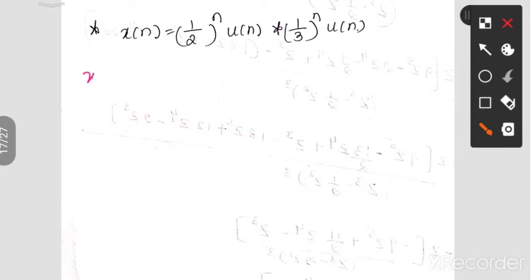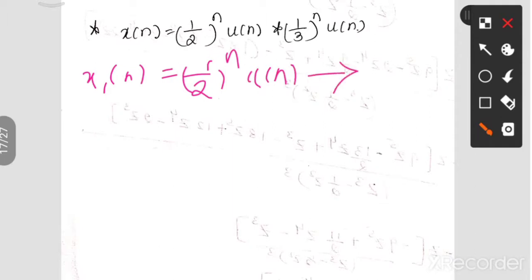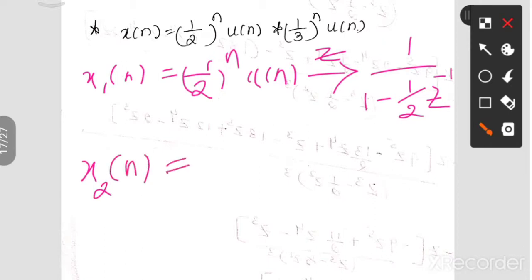Okay, now as we know, x1 of n, we have taken it as 1 by 2 raised to n into u of n. Its z transform will be 1 divided by 1 minus 1 by 2 z inverse. Similarly x2 of n is 1 by 3 raised to n into u of n.